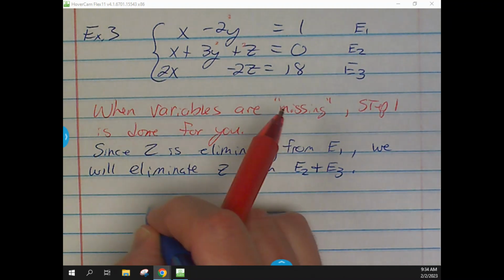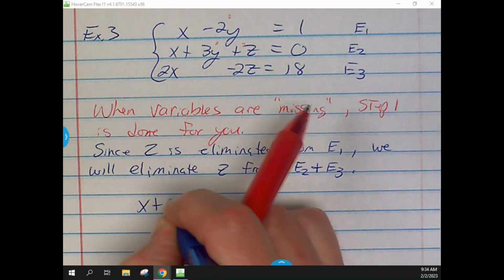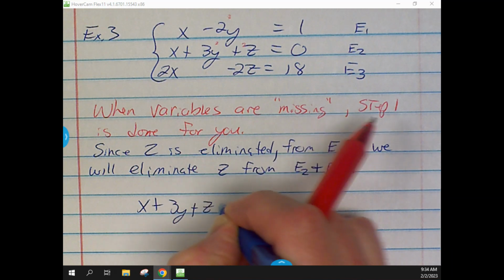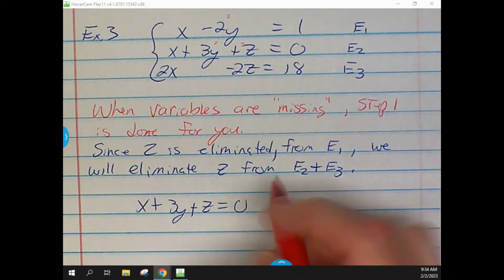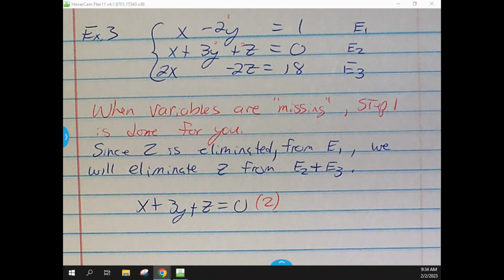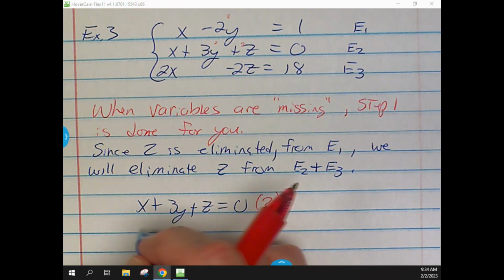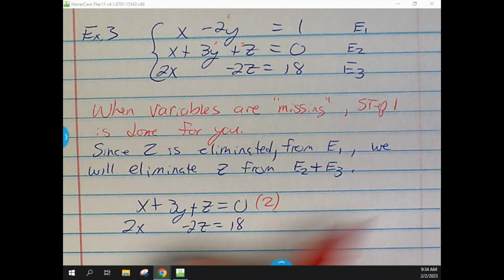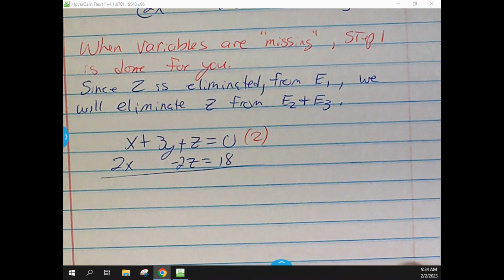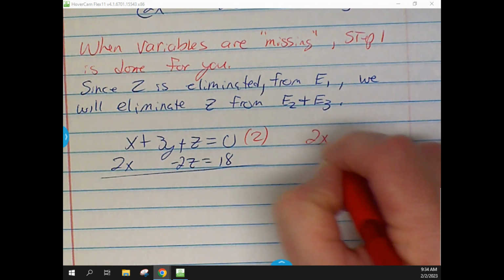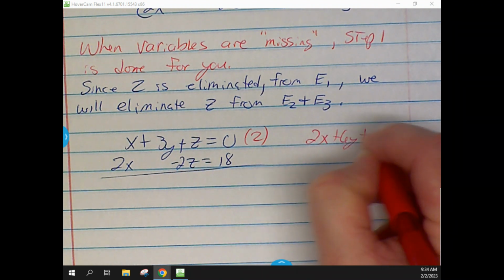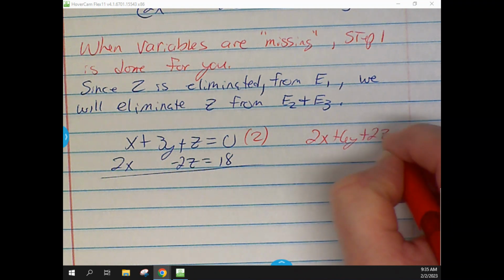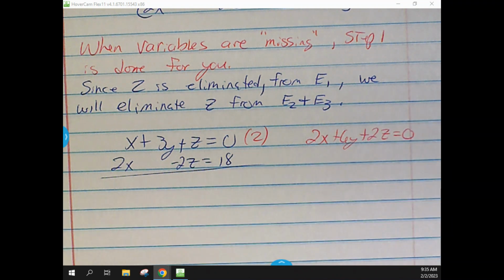All right, so if we do that, we said we were going to take equation 2 and multiply by 2. So that would make that 2x plus 6y plus 2z equals 0.